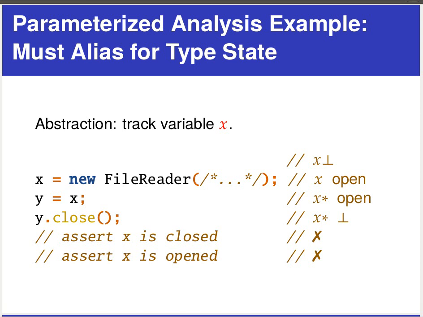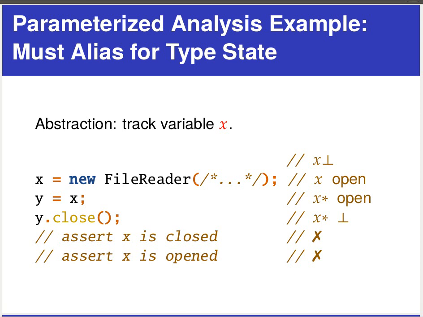Then when we see that some untracked variable is closing, it is calling this close operation, we know that anything that could be aliased with an untracked variable might or might not go from the state open to the state closed, because there's not one single untracked variable, there's several of them, and we don't know which one we called the action close.